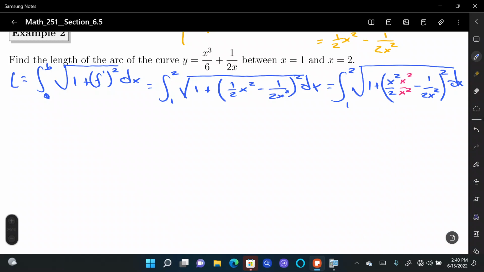Now, let's keep going over here. That's the integral from 1 to 2 of the square root of 1 plus the big fraction, 2x squared in the denominator, x to the 4th minus 1, the whole thing to the second power dx.